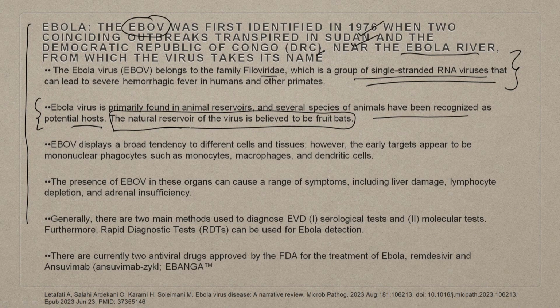They move from one flower to another, and these are mostly vegetarian bats which live on plant materials. They hop from one flower to another and carry on the pollination process.